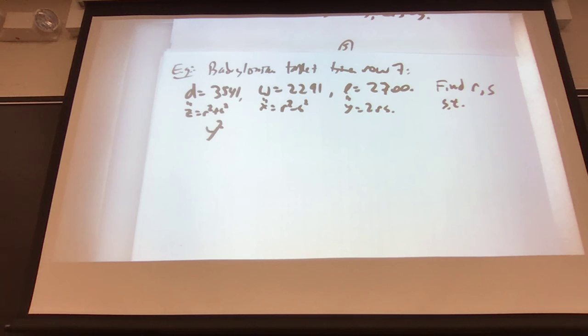Got it? Works, right? It's amazing when it works. You don't have to think. You just follow the proof. It's an algorithm.